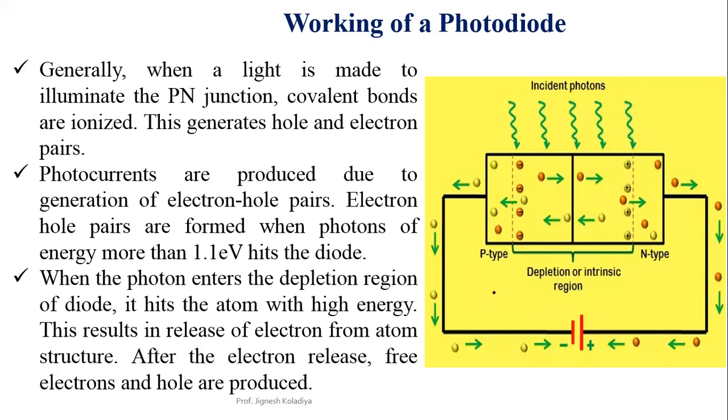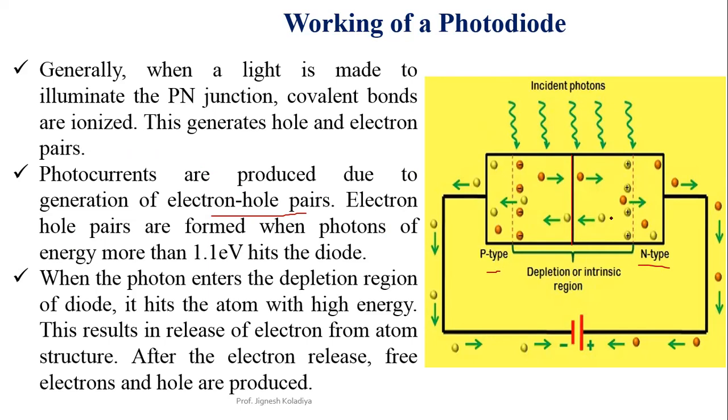So here you can see we have first of all this PN junction, P type and N type, and this is my junction. I have to apply the light source on this. So photocurrents are produced due to generation of electron hole pairs. As you apply the light on the junction, these covalent bonds are ionized and generate hole and electron pairs, and due to this photocurrent is produced.